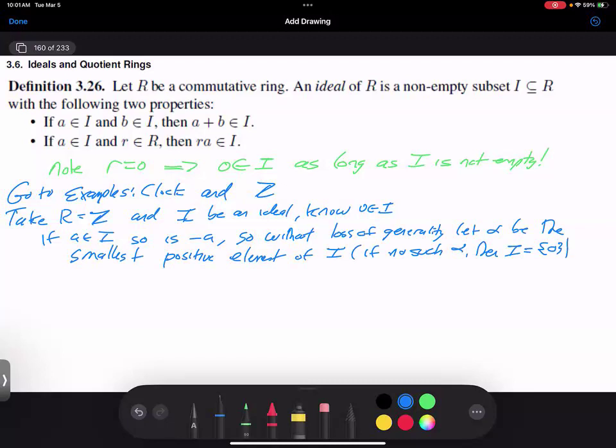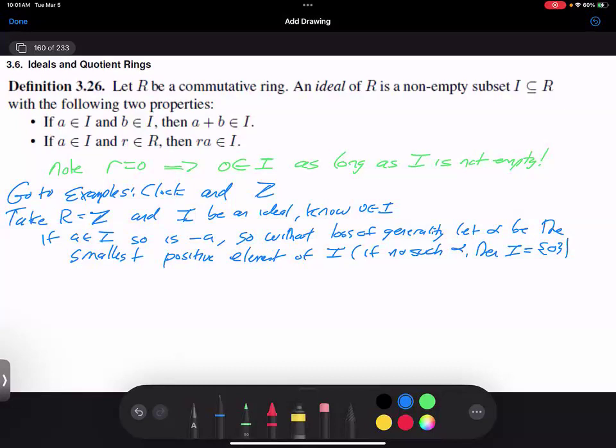So if I have an ideal, the ideal has to have at least one element, 0. The question is, does it have anything else? If it has something else, then I can look at all the positive integers that are in I, and I can choose the smallest one. And let's call that alpha.